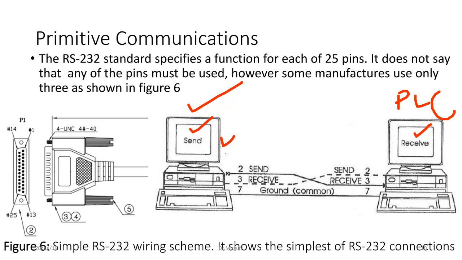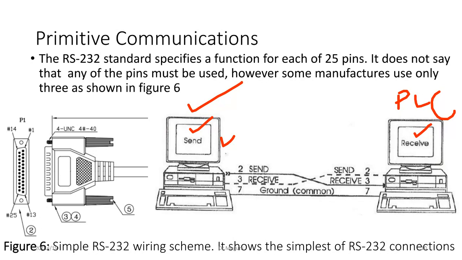So what happens here is the first computer, which is this one here, will send information via pin 2, and then the second computer will receive that information via pin 3. Now I'm looking at the sending and the receiving end. Once it has received it, it just stays like that. There's no acknowledgement.